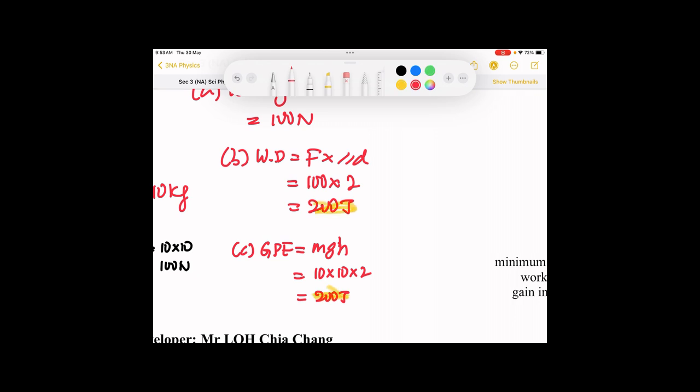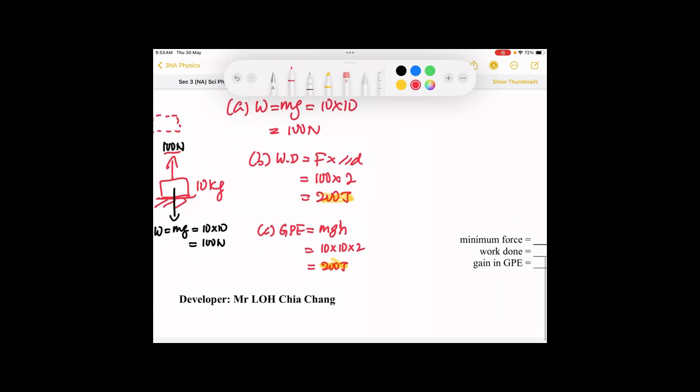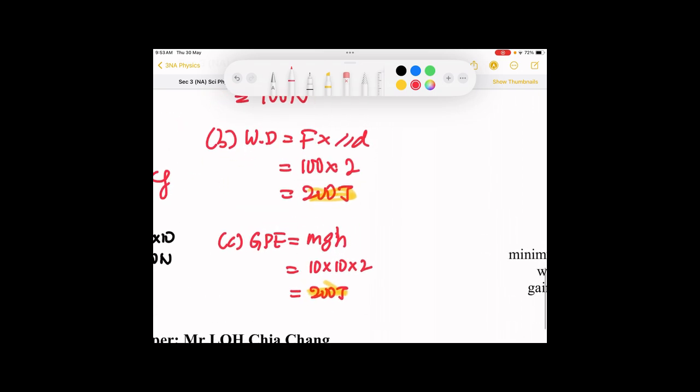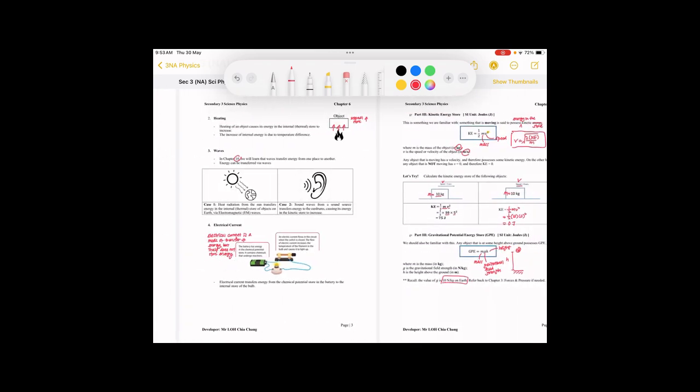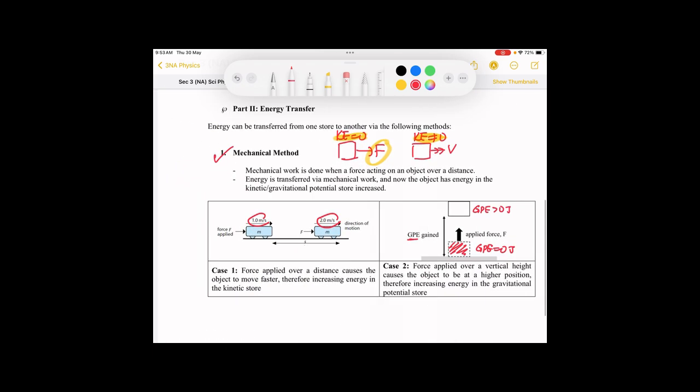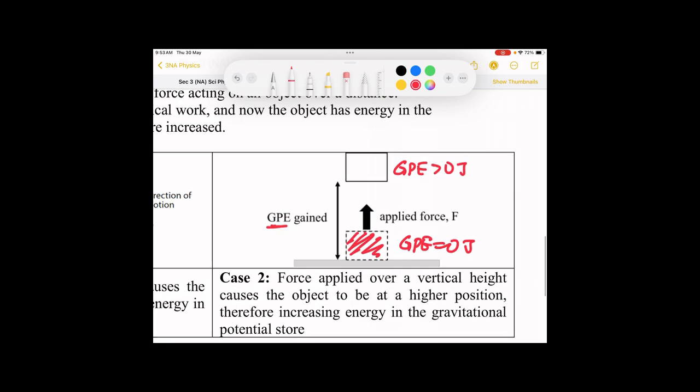Why is that so? The concept behind this is that work done, remember, when we talked about energy transfer way earlier in the chapter, let me zoom back a little bit, there is this thing called the mechanical method. That means it is a method to transfer energy to the object by applying a force. And remember this picture here?